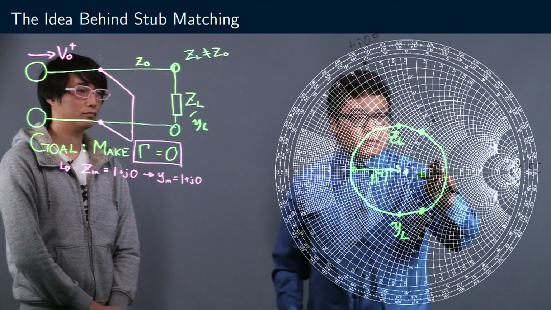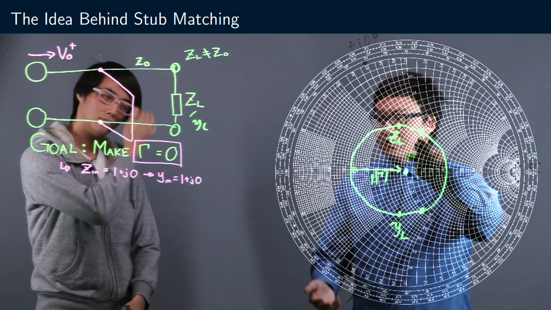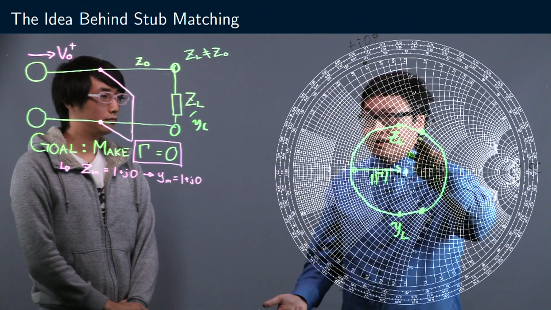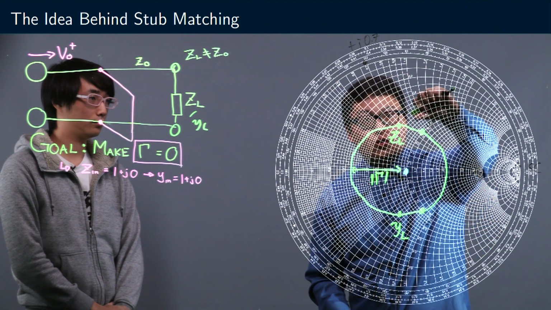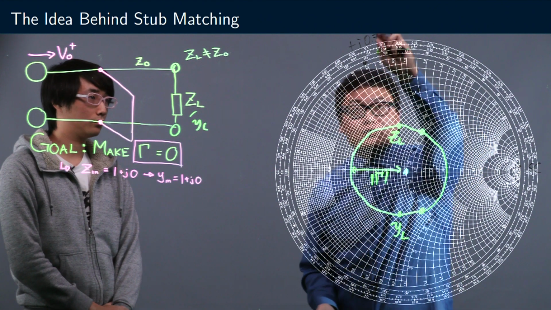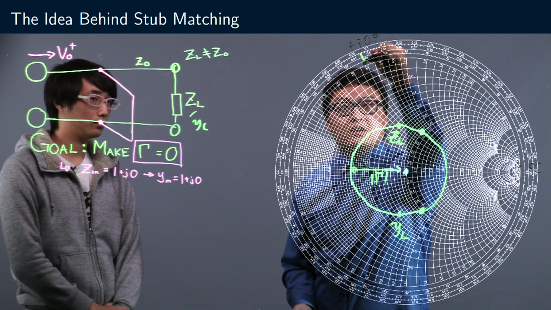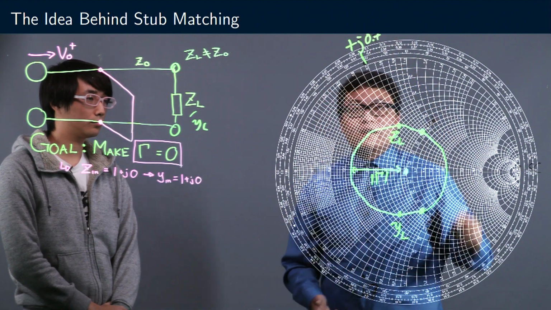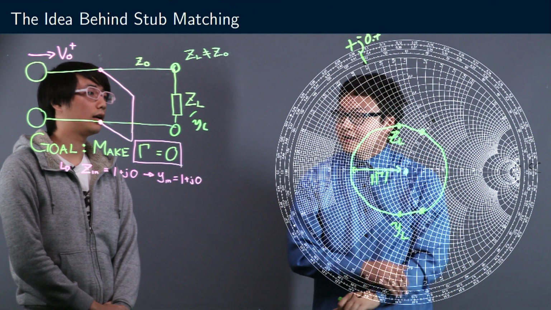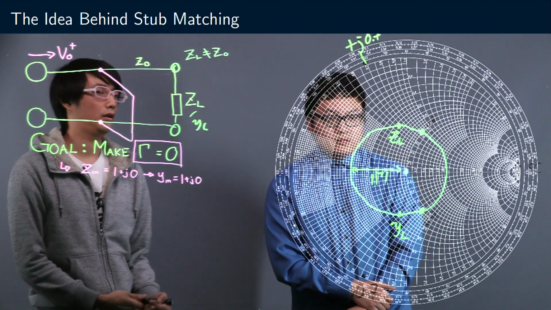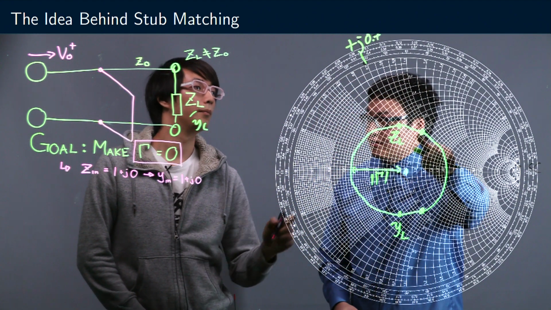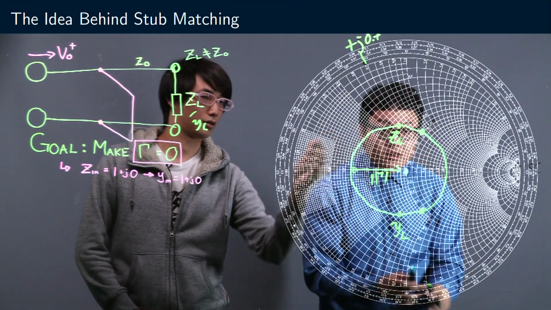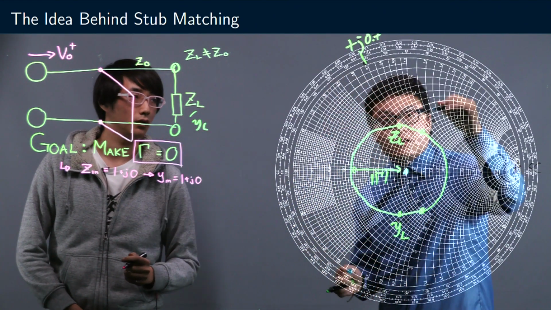Okay, so if we look at this point, we see that the real part is 1, and the imaginary part, if we trace the imaginary circle, it's around here. It's plus j 0.7, roughly like that. So at this location, maybe mark it with another color.